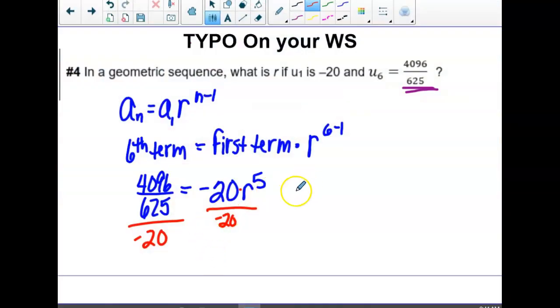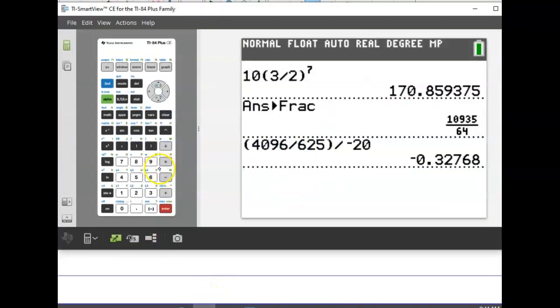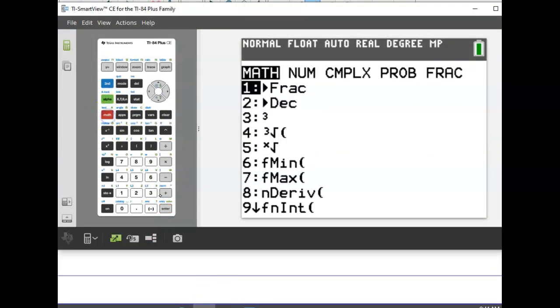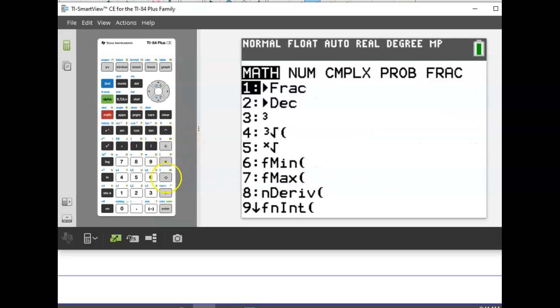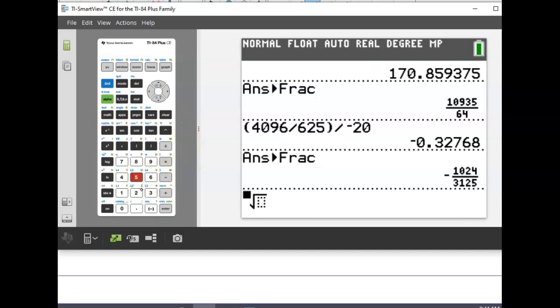All right, where was my calculator? If I do math, enter. Anybody else get that? You can write down the decimal or this, but what do we need to do if that's R to the 5th? We can take the 5th root or go to the 1/5 power. If you prefer the 5th root, it's under math.